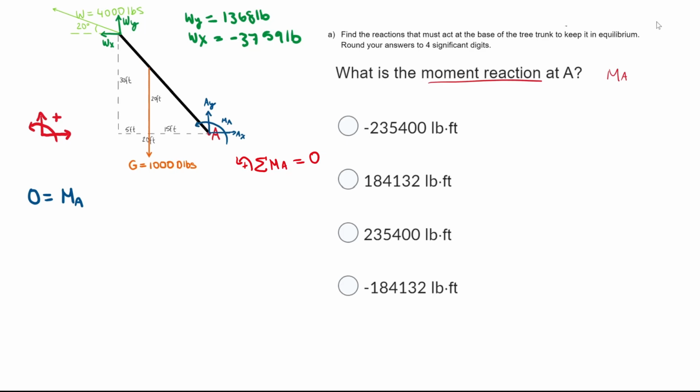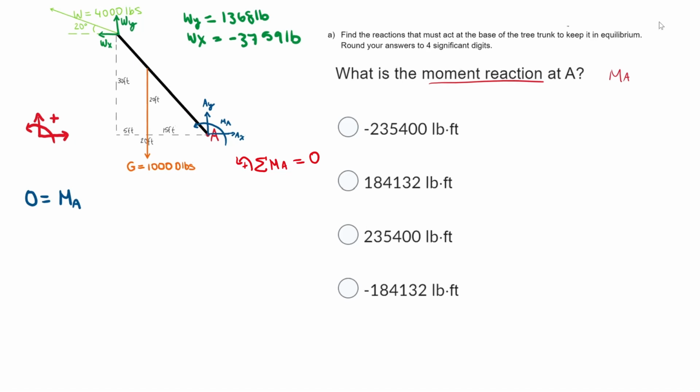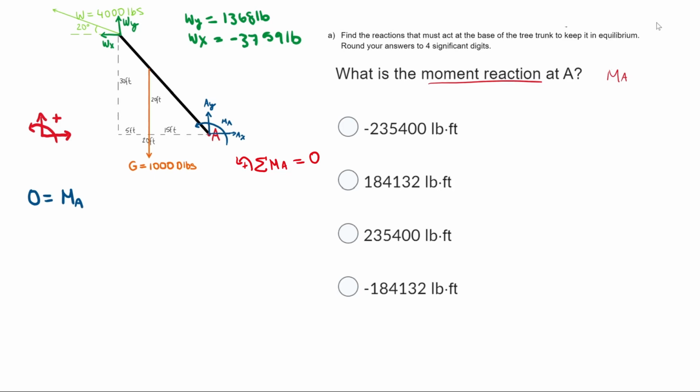Now we need to figure out what directions of moment all of the other forces cause on point A. So for the vector G, this causes a counterclockwise moment as it pulls downwards, as shown below. So that means it is positive. So we will add the absolute value of G multiplied by the perpendicular length, which in this case is 15 feet.